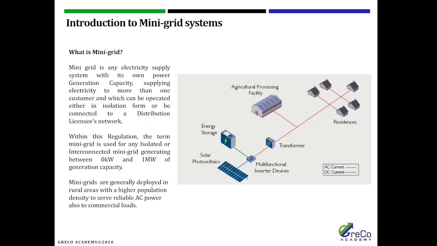The current coming out of the panel is initially direct current, and then after passing through the inverter system, it turns to the AC current that is supplied to the users or the customers.